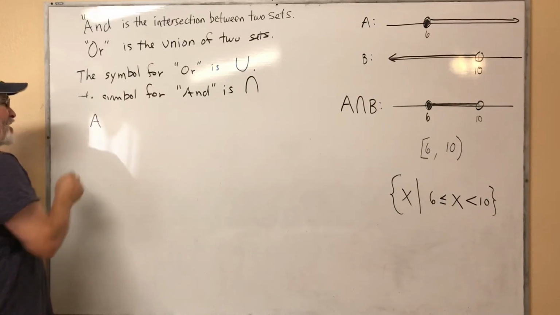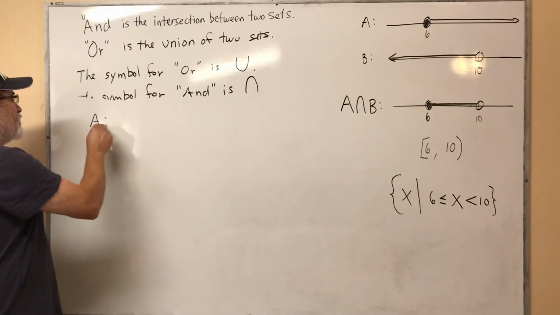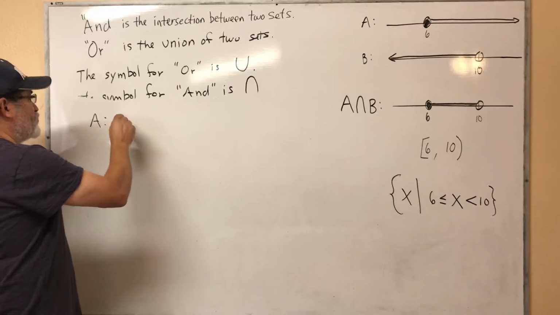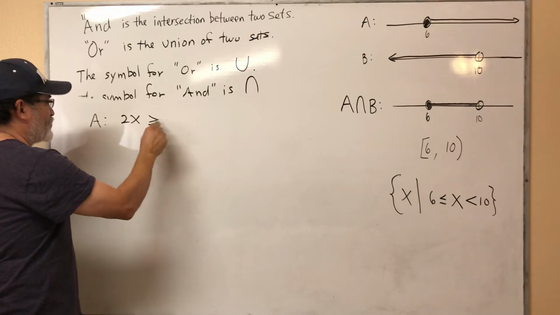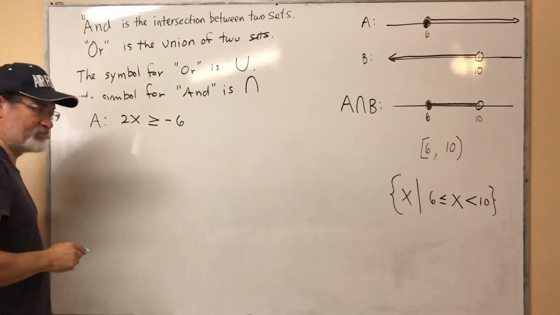A is the following. A is 2x greater than or equal to -6.